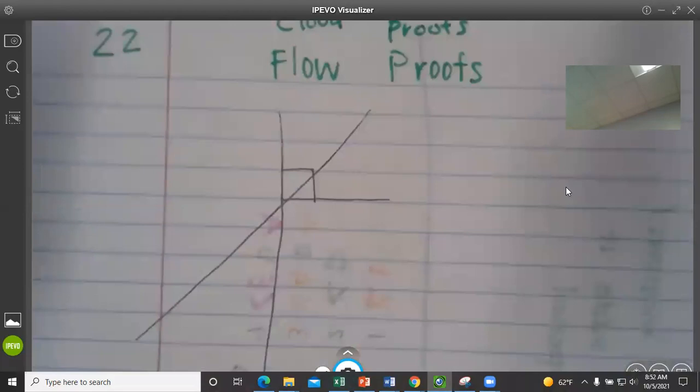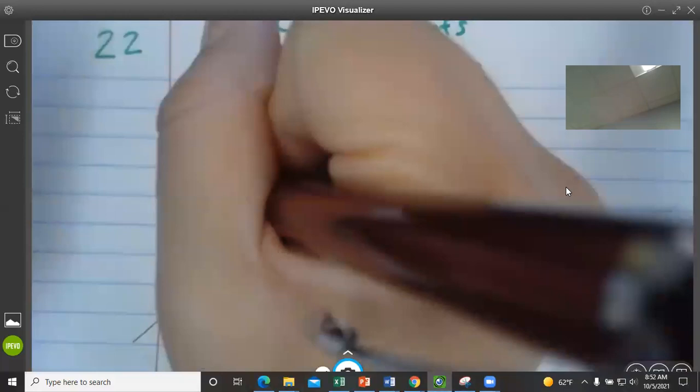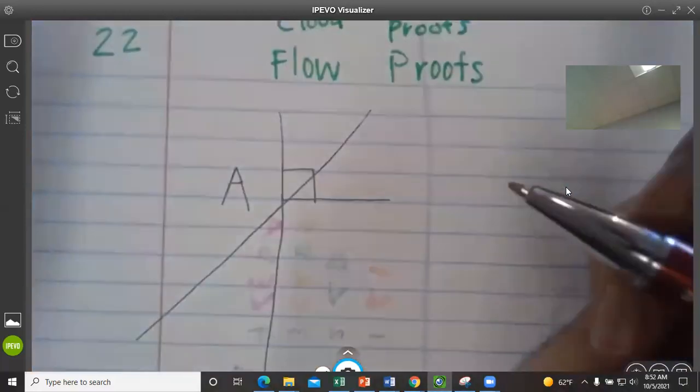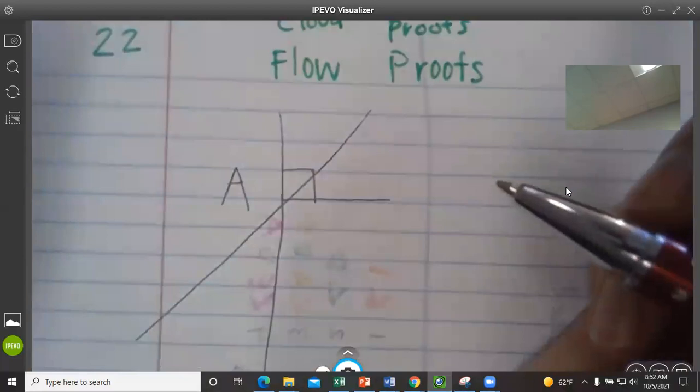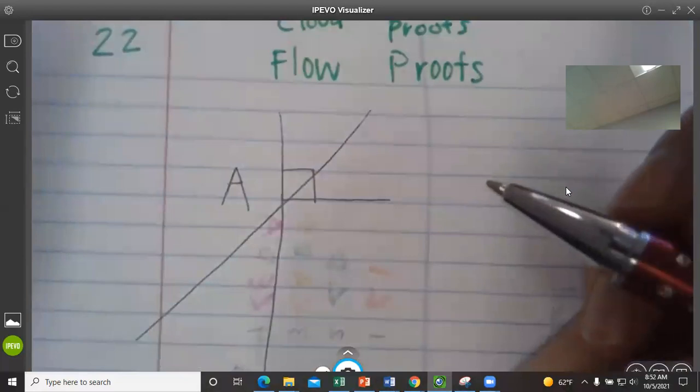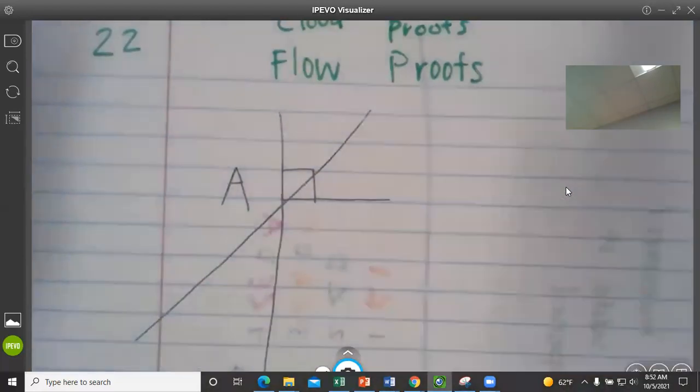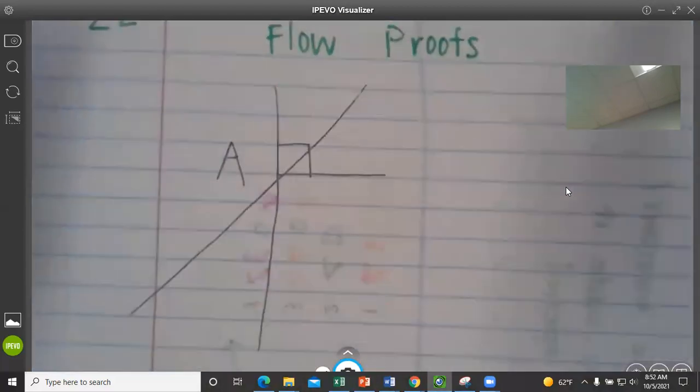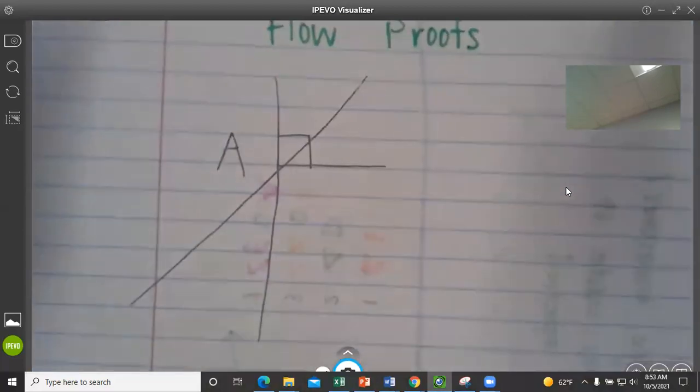The same questions that you had will be on here, just in a proof format. If you remember, we talked about geometry being a visual math, and one of the reasons you take geometry is so that you can develop and increase your reasoning and your ability to make proofs.